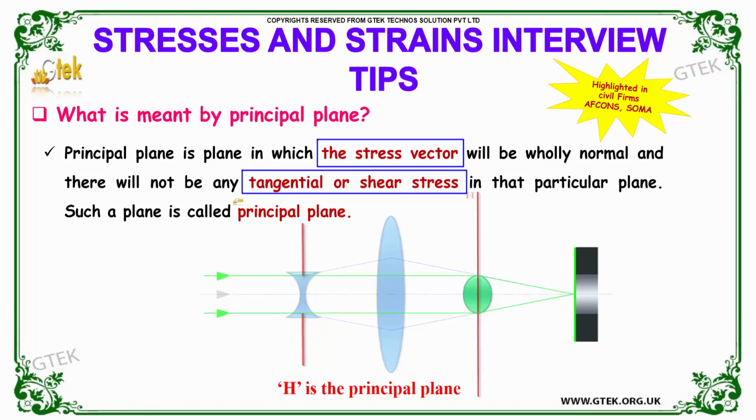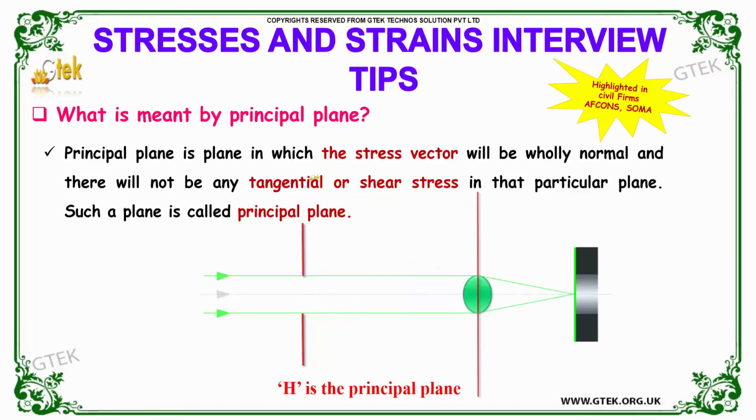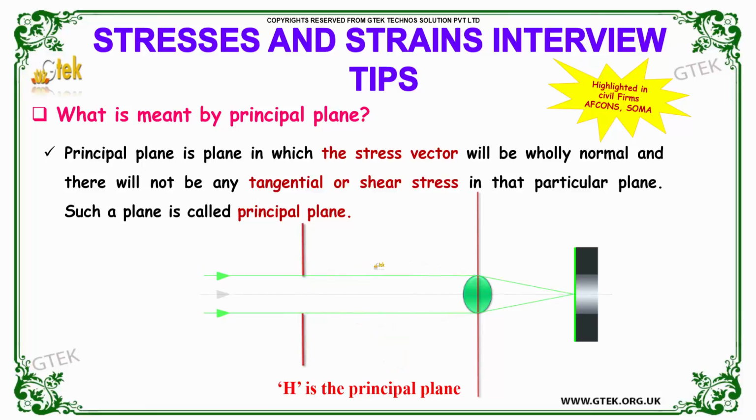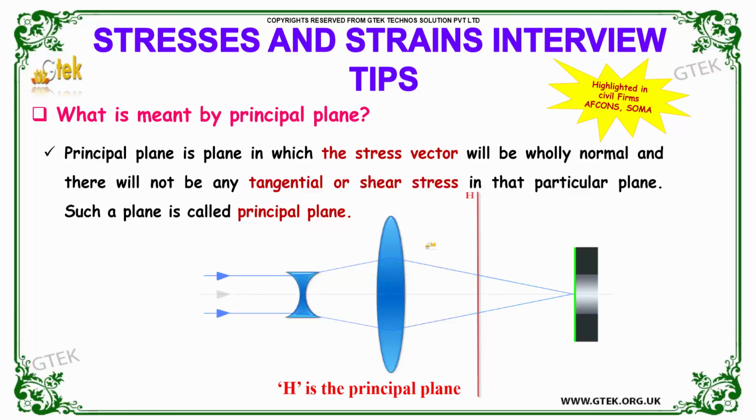If a plane is like that, then it is called a principal plane. Your stress vector will be wholly normal and there won't be any tangential shear stress. So that is your principal plane.